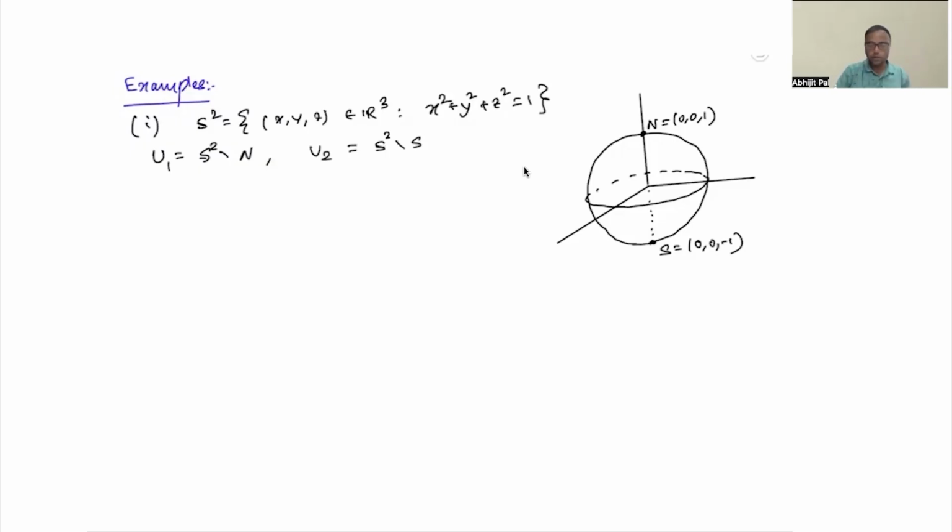So these U1 and U2 are sets in the sphere.